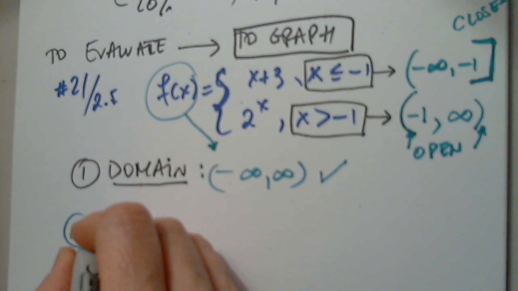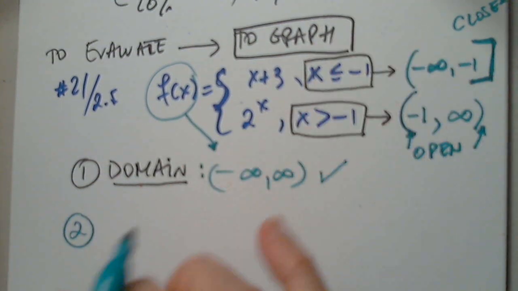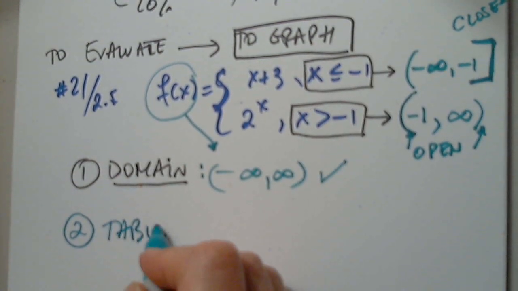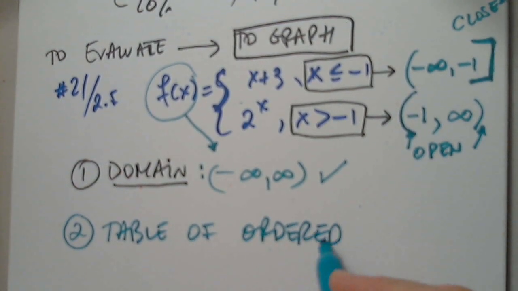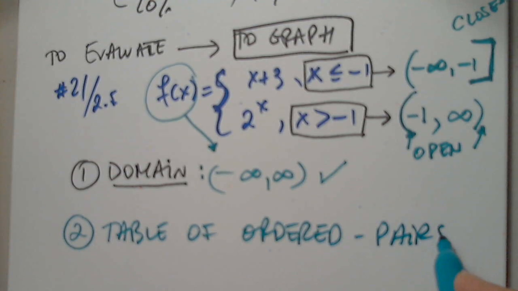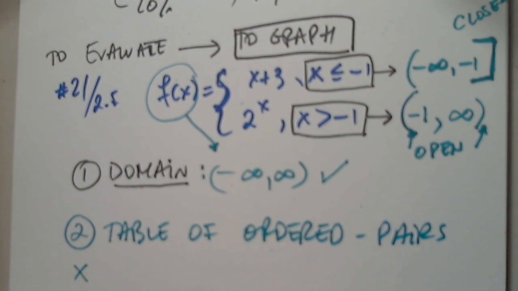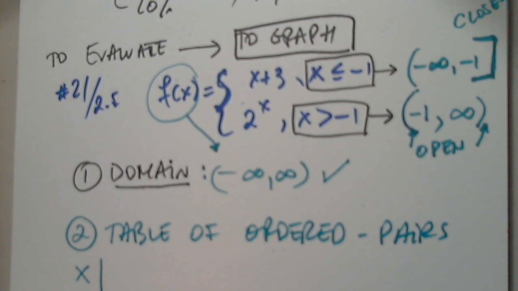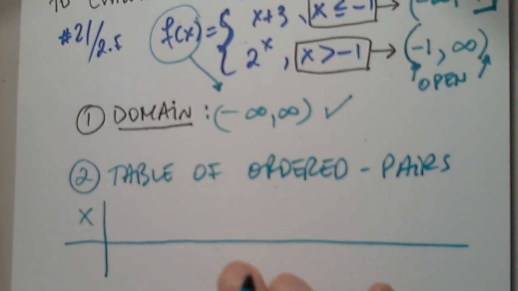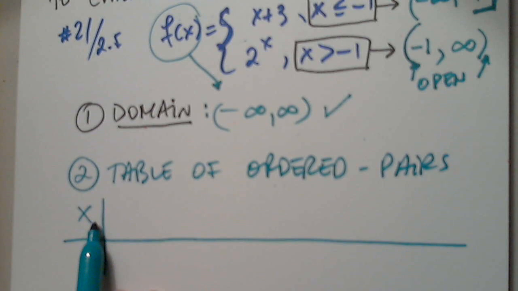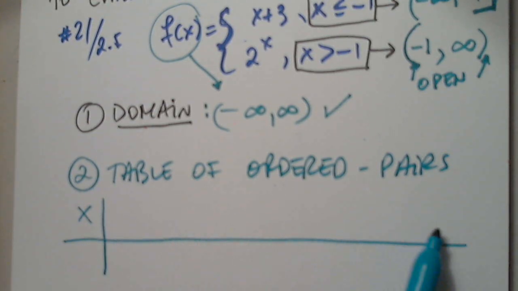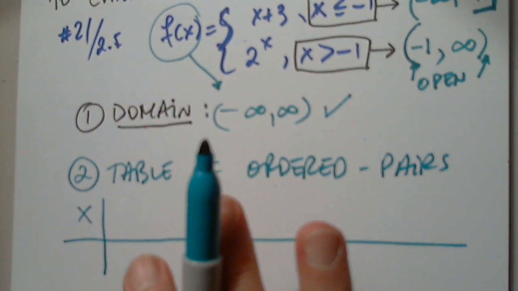The next step towards graphing any function is a table of ordered pairs. Mandatory table. You may prefer vertical tables, that are fine, acceptable, but x is on the x-axis. So I prefer this, but it's up to you.